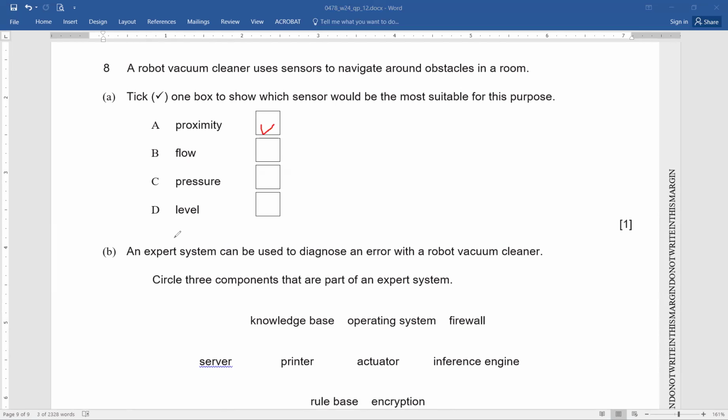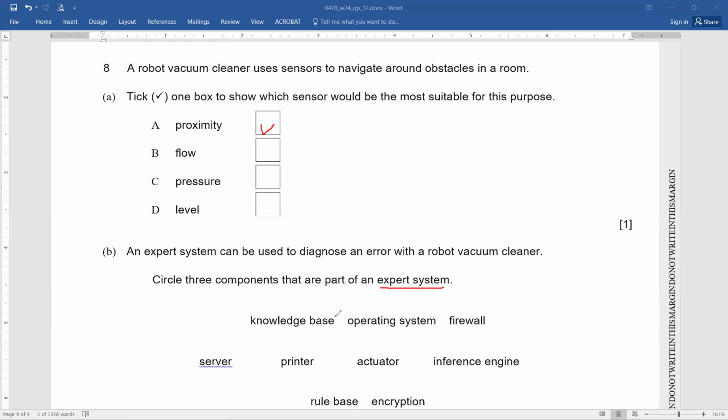An expert system can be used to diagnose an error with a robot vacuum cleaner. Circle 3 components that are part of an expert system. Knowledge base, operating system, firewall, server, printer, actuator, inference engine, rule base, encryption. 3 components of an expert system. Now, may we do it together?